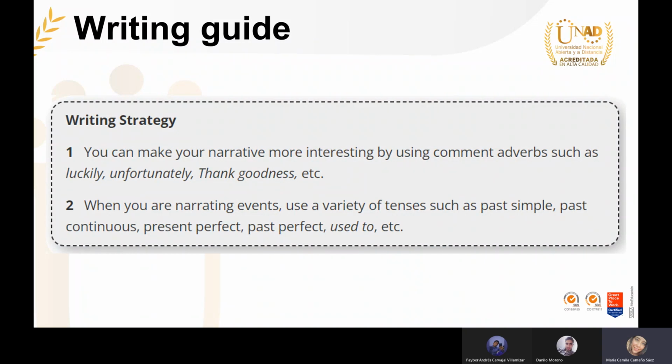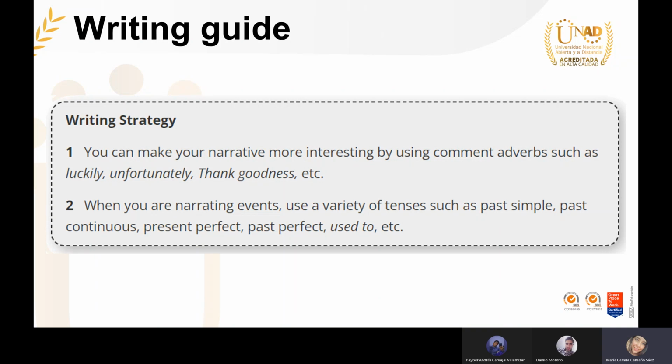This is an adverb. And the second one says when you are narrating events use a variety of tenses, such as past simple, past continuous, present perfect, past perfect, used to, etc.